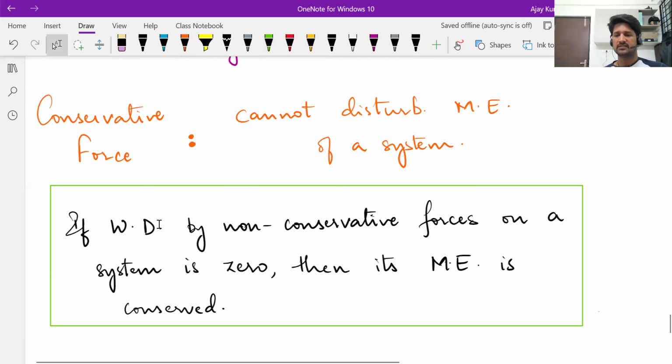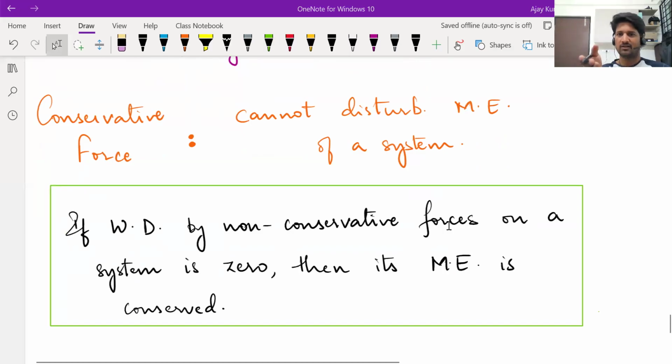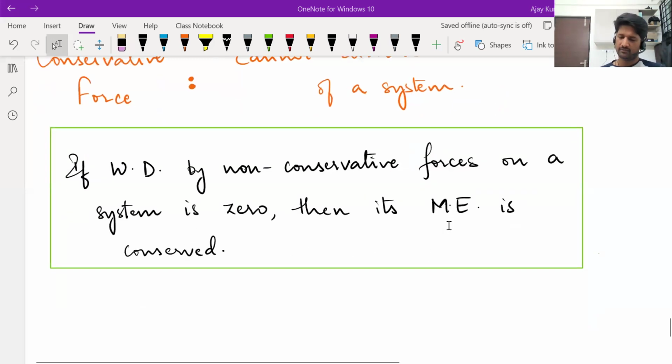What kind of forces can change the mechanical energy of a system? Conservative forces. Right? You told the exact opposite answer. It is written here, conservative force cannot disturb mechanical energy. I asked you what kind of forces can change mechanical energy. The answer is non-conservative. Okay, fine.